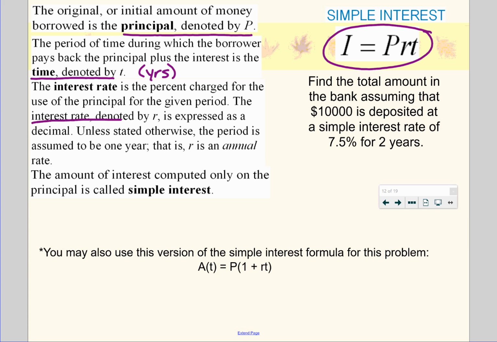R is our interest rate, and it will be a decimal when you put it in. Okay. And again, this calculates I, our simple interest. Simple interest means we are only earning money from the initial amount you put in the bank. So if you have $100 in the bank, you will only ever earn interest on that $100. That's it.